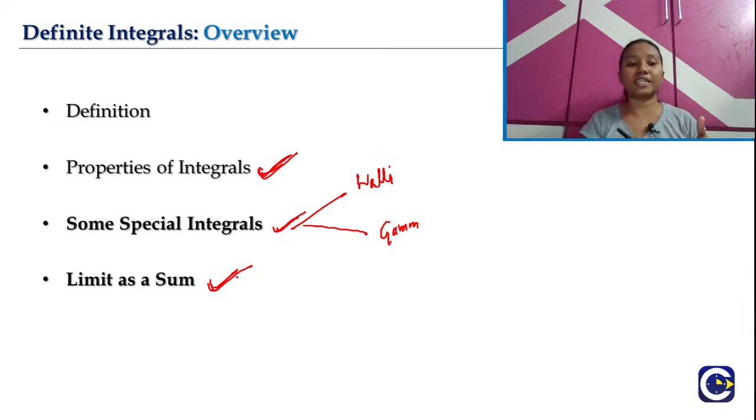Instead of finding this huge sum value, the limit of a sum, we can convert that into definite integral format and easily simplify it and get the limit as a sum value. How we are going to do that, we will learn in our last concept, limit as a sum.